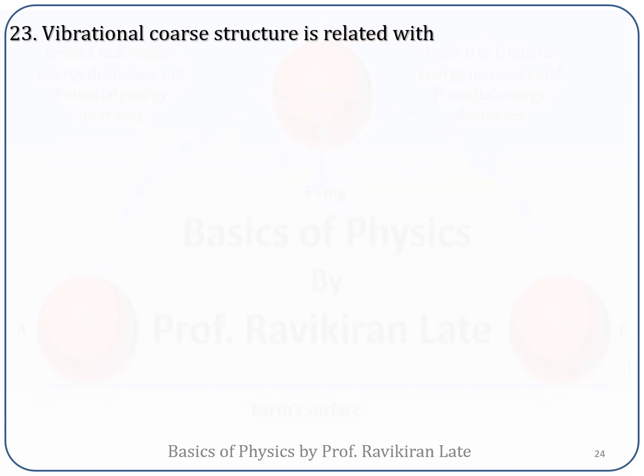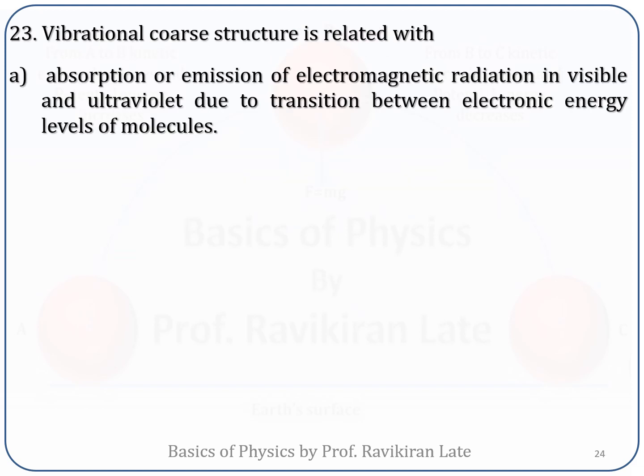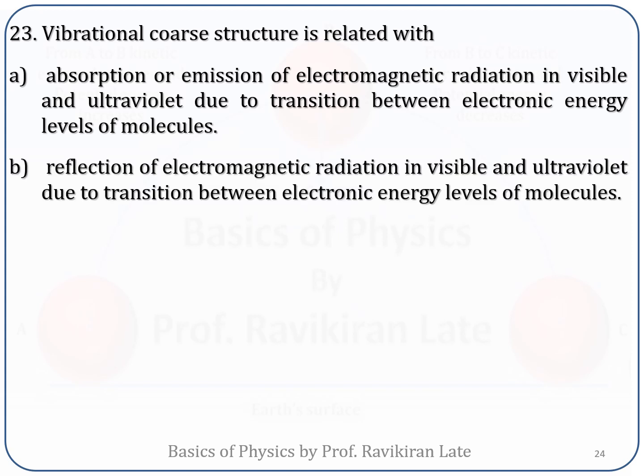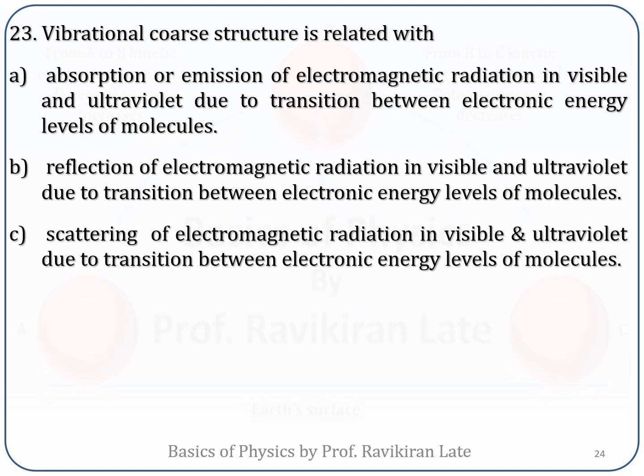Next question: the vibrational coarse structure is related to: option A, absorption or emission of electromagnetic radiation in visible and ultraviolet due to transition between electronic energy levels of molecules. Option B, reflection of electromagnetic radiation in visible and ultraviolet due to transition between electronic energy levels of a molecule.